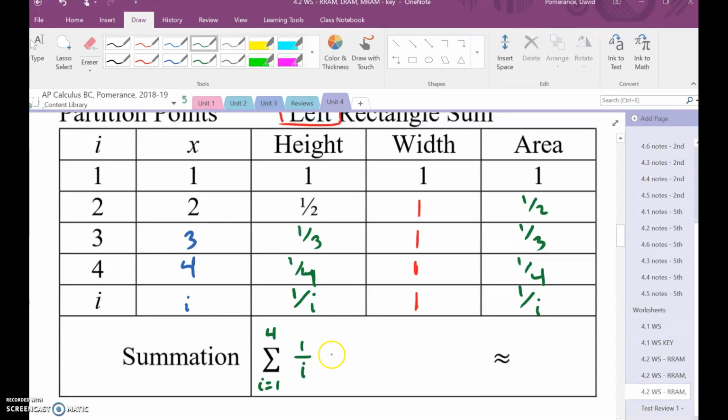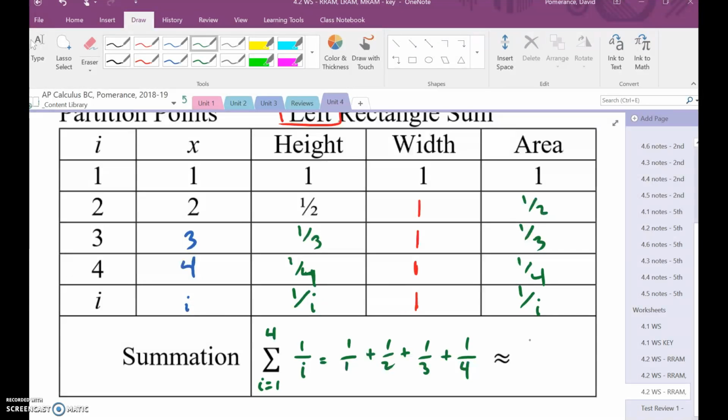So we already saw these fractions over here, 1 over 1 plus 1 over 2 plus 1 over 3 plus 1 over 4. And you can add those up, get a common denominator of 12. Well, it says approximately, so I guess I won't worry about the exact answer. So I'll just punch this into the calculator, and we'll get the sum from i equals 1 to 4 of 1 divided by i.